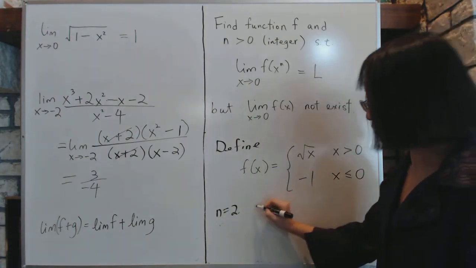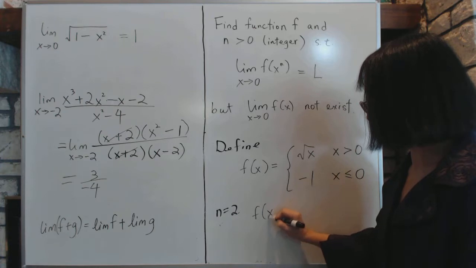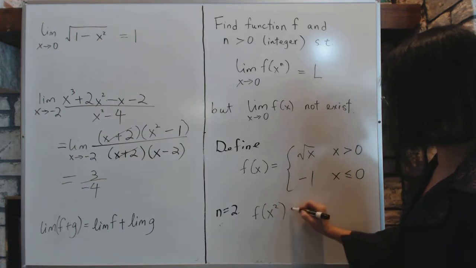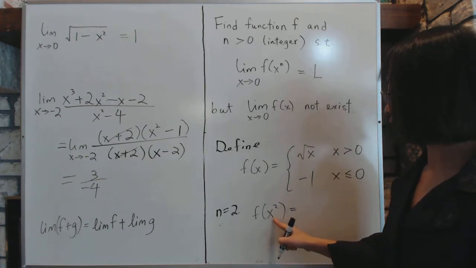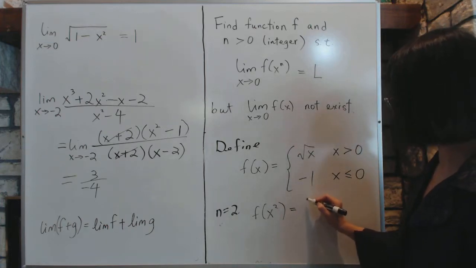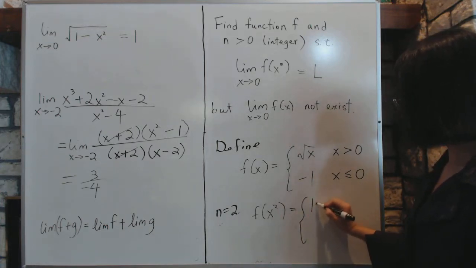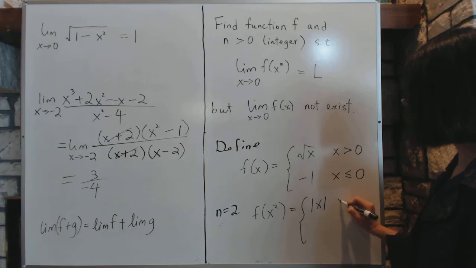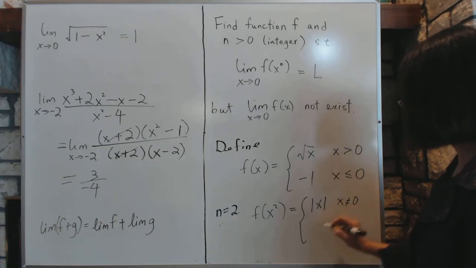So then what is f of x squared? f of x squared, no matter what value x is, is the absolute value of x when x is not equal to 0, and it equals -1 when x equals 0.